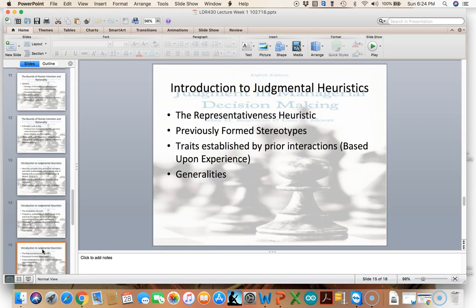When we're looking at the representativeness heuristic, these are previously formed stereotypes, traits established by prior interactions with persons or things that we've come in contact with. They're generalities. And I can tell you that these biases, I had an experience where I went to the Museum of Tolerance in Los Angeles at the Simon Wiesenthal Center.